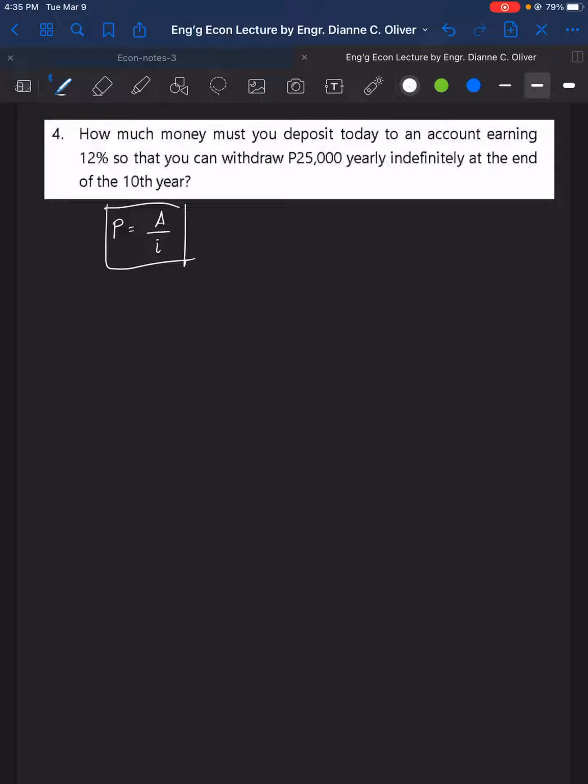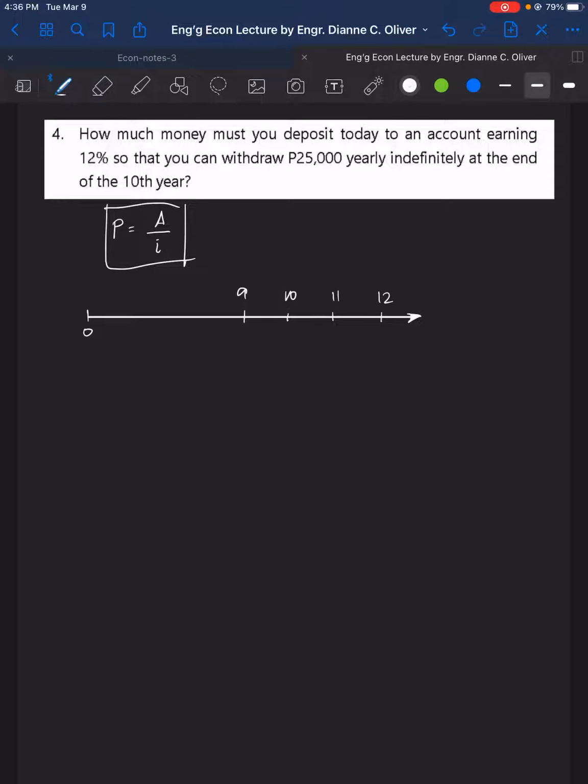Okay, so let's have the cash flow diagram for this. How much money must you deposit today? So it's asking for the present worth, to an account earning 12% so that you can withdraw 25,000 pesos yearly indefinitely at the end of the 10th year. Okay, so let's put year 9, year 10, year 11, year 12, and so forth.